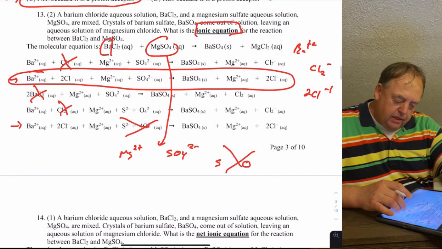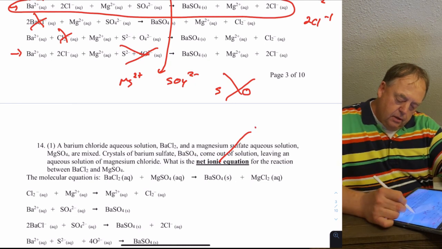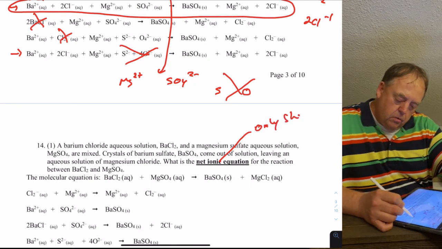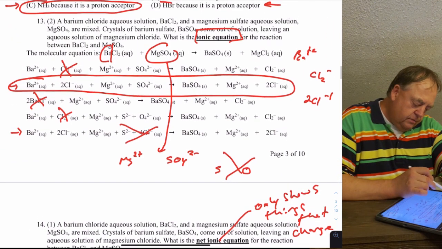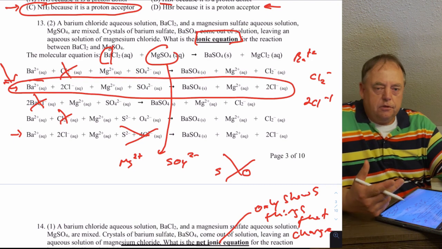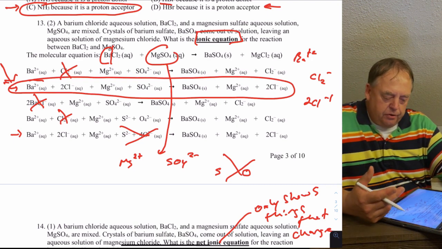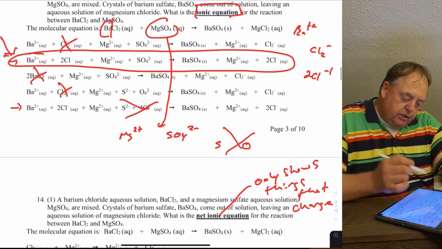Okay, and then if you want to write the net ionic equation, the net ionic equation only shows things that change. So really you have to come up with the correct ionic equation first. If you don't come up with the correct ionic equation, you can't come up with the correct net ionic equation. So what changes?